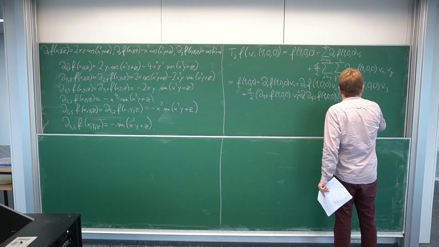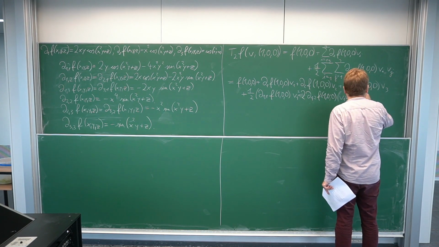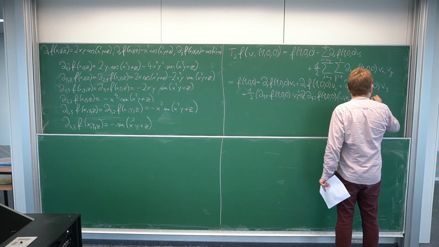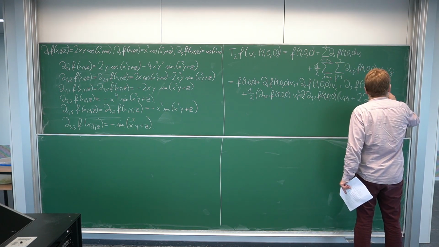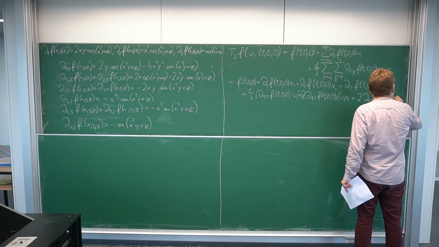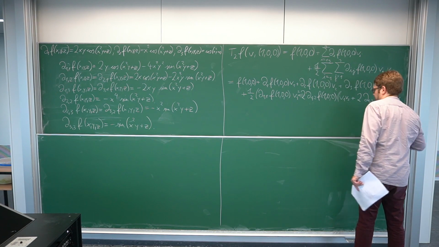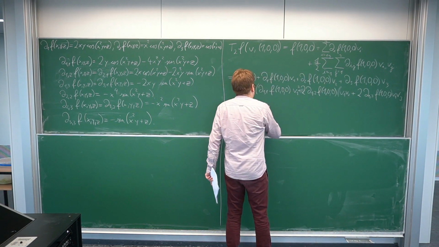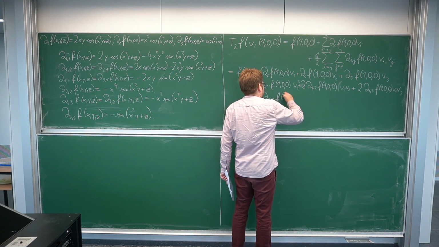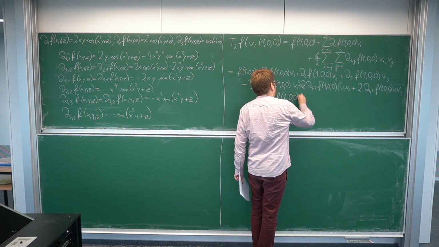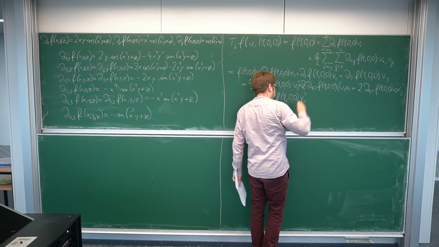The same thing with 1 and 3, so we get twice d1,3 f at 1, 0, 0, v1, v3. Now what's still missing? We have d2,2. This is only there once, at 1, 0, 0 times v2 squared.